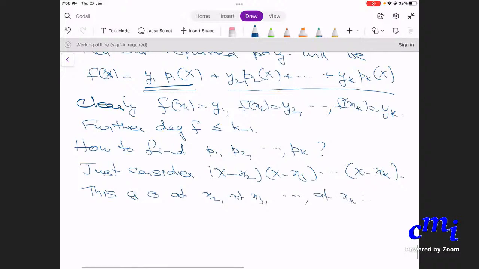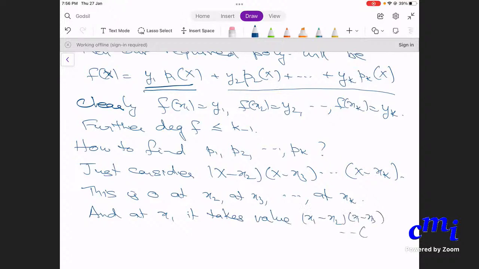Whenever you substitute capital X to be either x2 or x3 or x4 up to xk, this polynomial becomes 0. And at x1, it takes the value x1 minus x2 into x1 minus x3 up to x1 minus xk, which is a non-zero value because x1 is not equal to x2, x3, anything up to xk. The x's are all distinct. So this gives you a non-zero value.